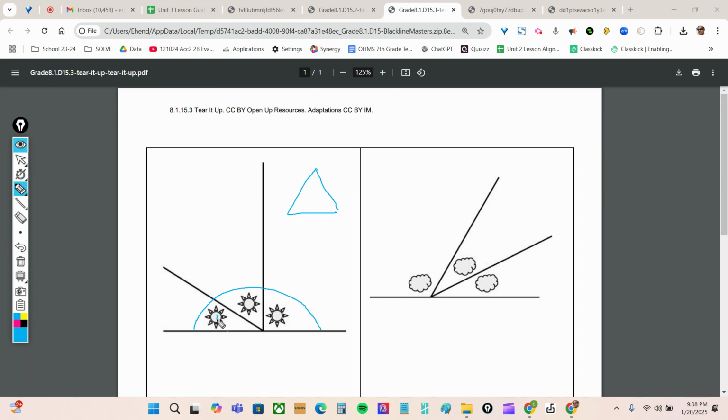Alright, so we've got triangle 1, triangle 2, triangle 3. You would cut these out into pieces, and then you would try to make one angle for triangle 1, one angle for triangle 2, and one for triangle 3. So you would cut this out and try to reshape these angles into one cohesive triangle.